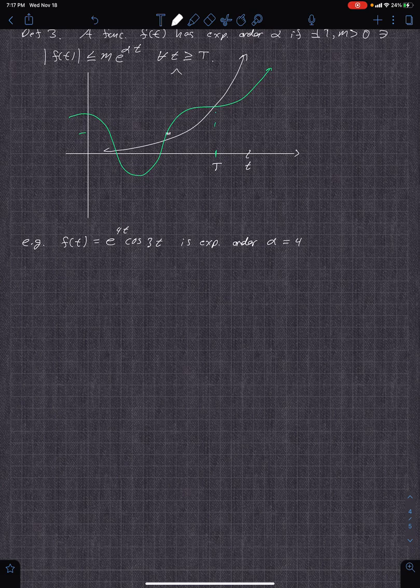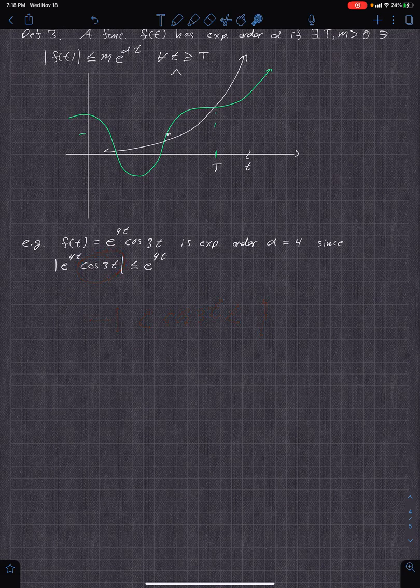You can look at the absolute value, since the absolute value of e to the 4t cosine 3t is less than or equal to e to the 4t, right? Because the range of cosine is always between -1 and 1. So if you multiply by that, then it's going to be smaller. So this function has exponential order alpha.